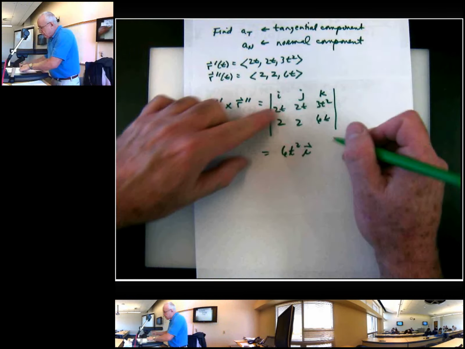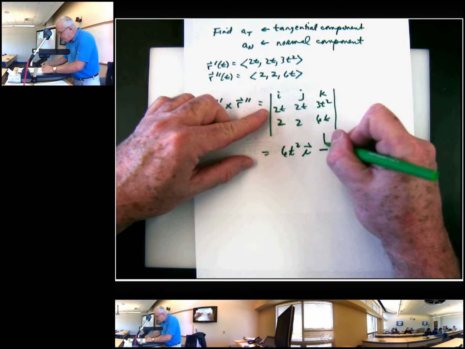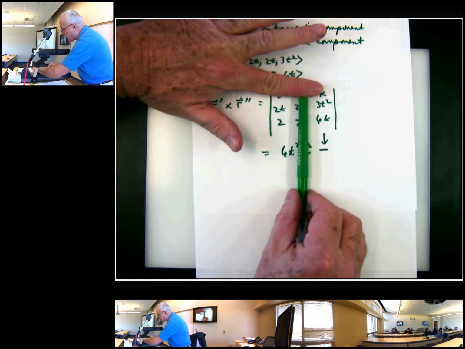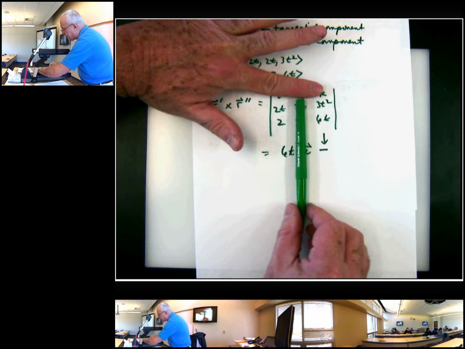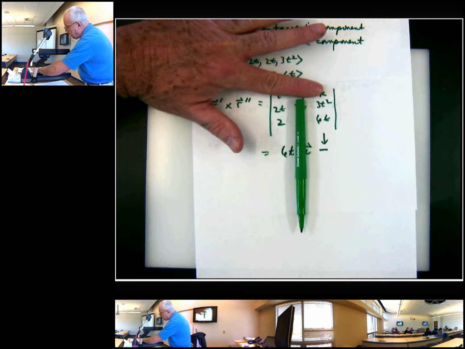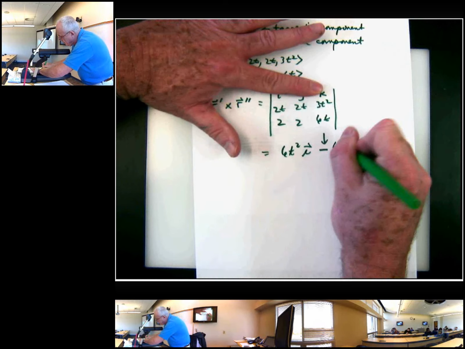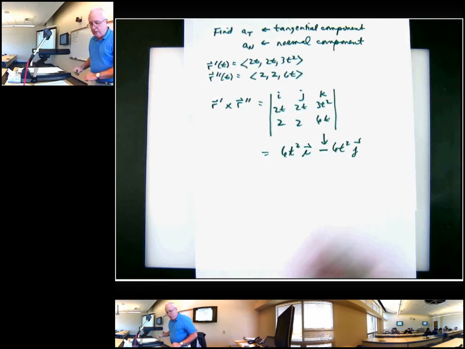For the second component, remember we have to start out with a minus, and then cross out the first row and second column, and we get 12t squared minus 6t squared. So that's 6t squared, but we have a minus in front of it. That's our j component.